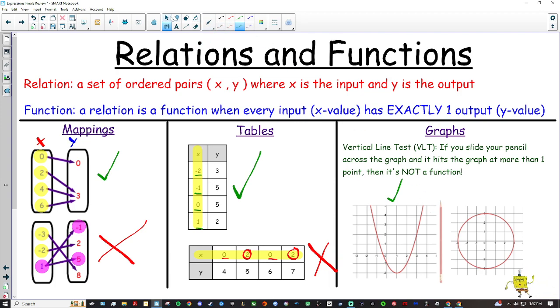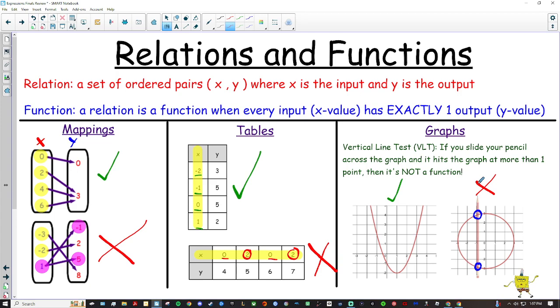Lastly, one more graph. If I take my pencil and slide it across my graph, I can see that my pencil is hitting my graph not once, but twice. And it does it in a lot of different places. If your pencil hits more than one time, like this circle, then it is not a function, and it fails the vertical line test.